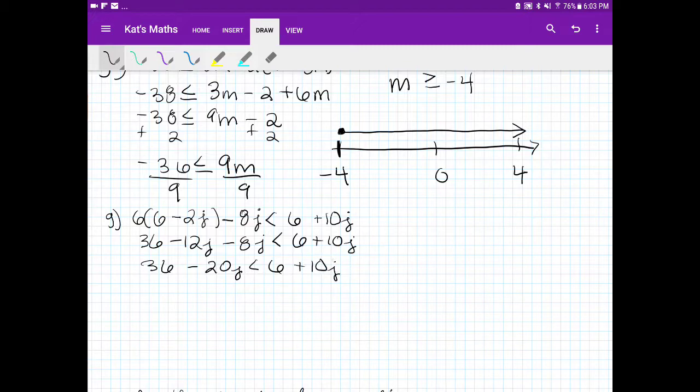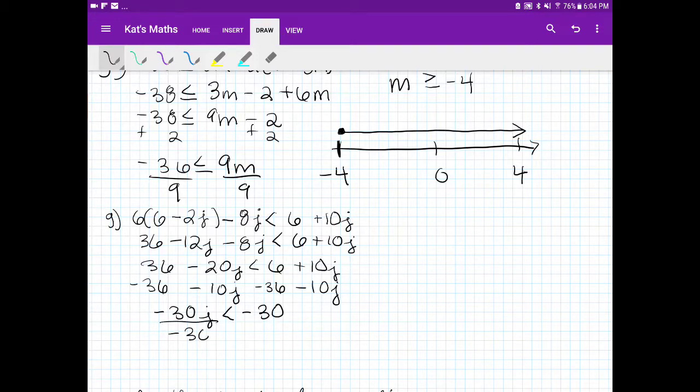And now I want to put everything on the same side. So that I can show you dividing by a negative again, let's go ahead and minus this 10j. And we're going to minus the 36 and move it over to this side as well. So we end up with negative 30j is less than negative 30.